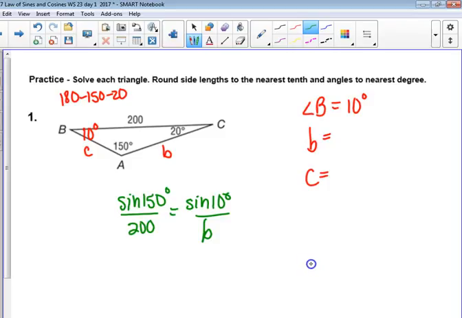I got 69.5. Yeah, some of you probably found C first, that's all. Okay, 69.5 units. And then some of you found C already.